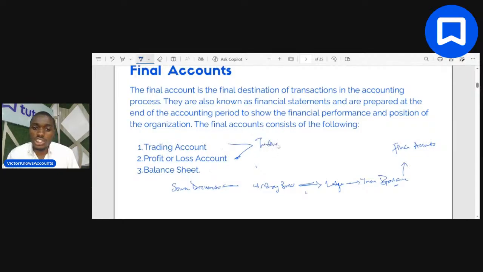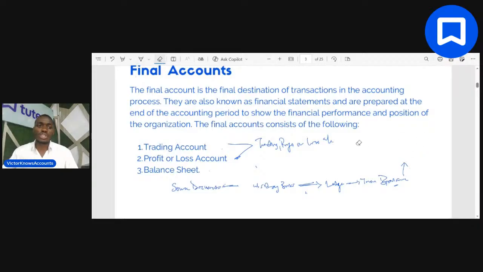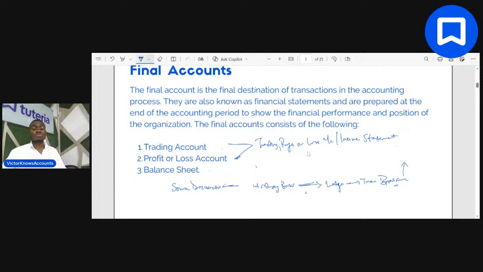It's called the trading profit or loss account, or your income statement. So if you see an income statement, just know that they are talking about your trading profit or loss account.